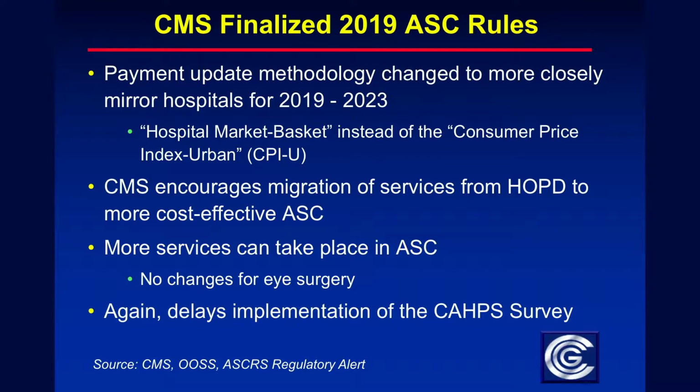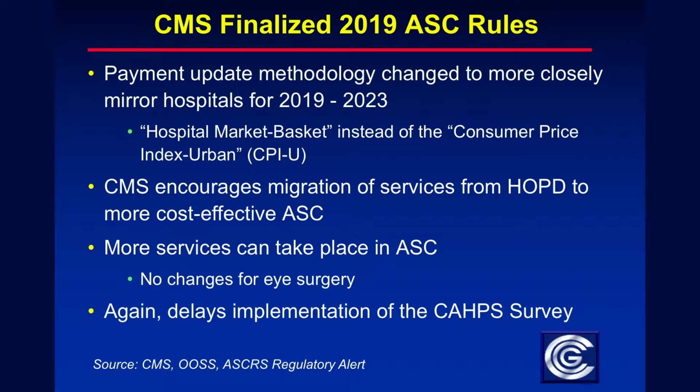CMS is encouraging migration of services from the hospital outpatient department setting to the more cost-effective ASC setting. At the same time, they are expanding the list of eligible procedures that can take place in an ASC setting. That expansion does not change any eye surgeries.